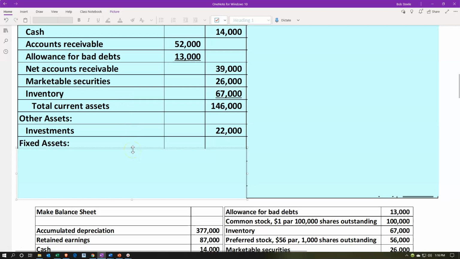Then you would expect to see fixed assets, which represent things like land, buildings, large items, which could be called fixed assets, could be called property, plant, and equipment, abbreviated as PP&E, sometimes called depreciable assets, although land will be included in there, and land is not depreciable because it doesn't deteriorate over time typically.